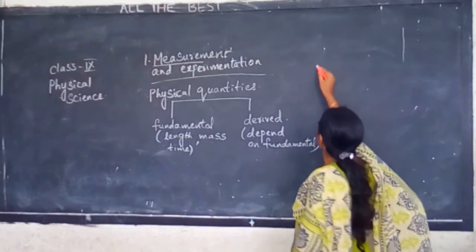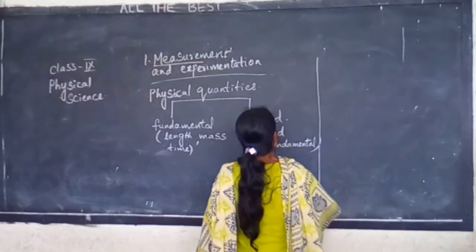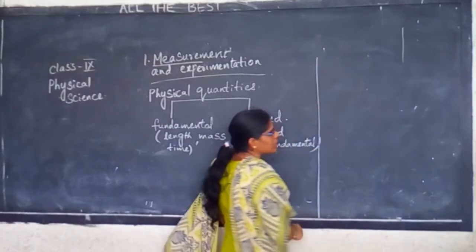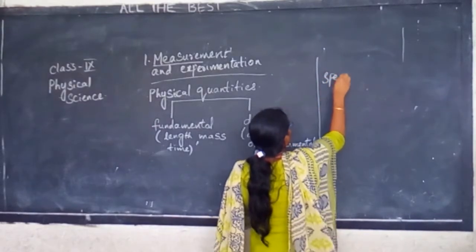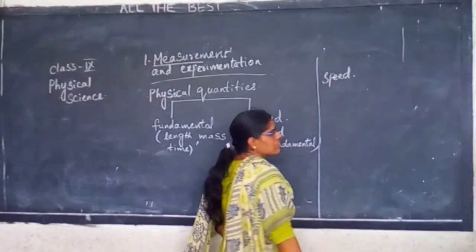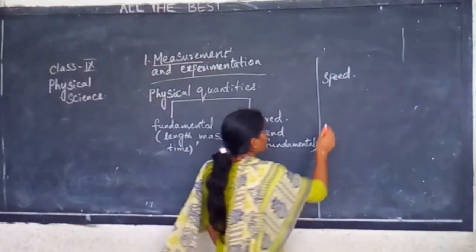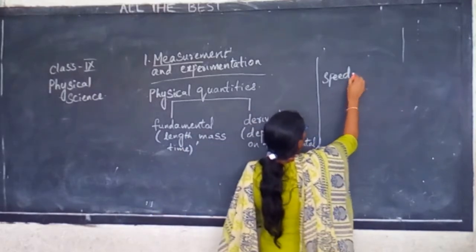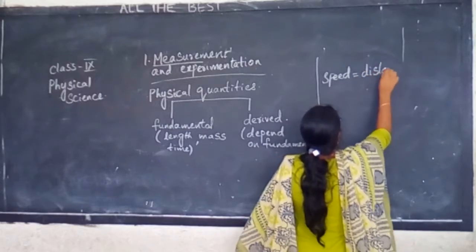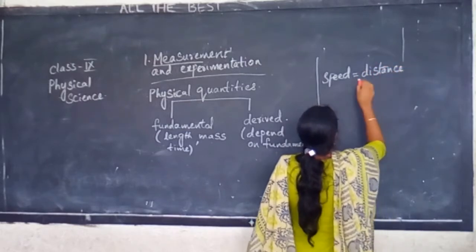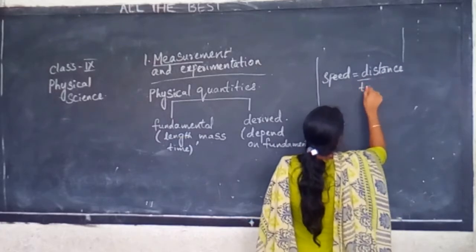Now let us take our simple example to find out a derived quantity. You have learned speed. Yes or no? Speed. How we have defined speed? Speed is equal to distance traveled by time.